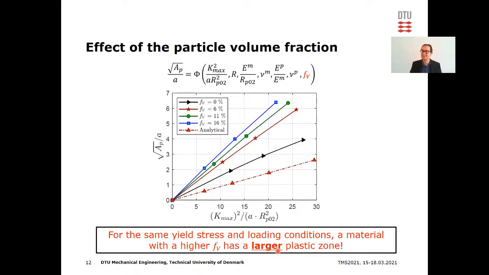And this is something that the standard formula that we use to estimate the size of the plastic zone cannot account for, because according to that expression, if two materials have the same yield stress and are loaded in exactly the same way, then the size of the plastic zone has to be the same.